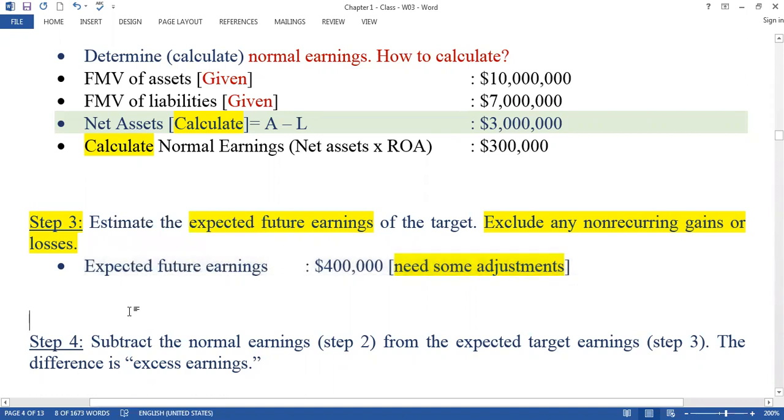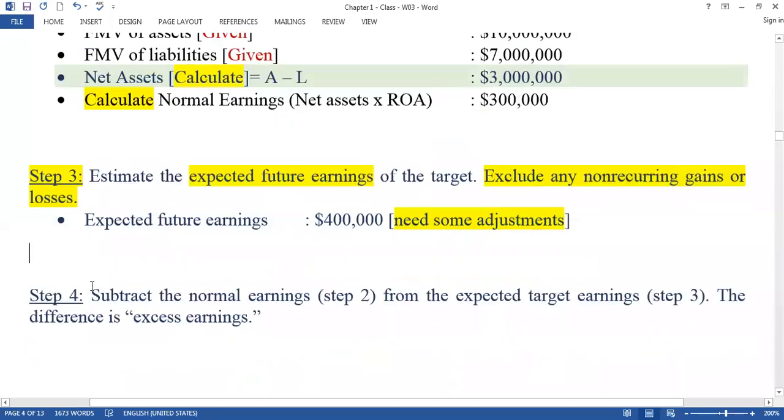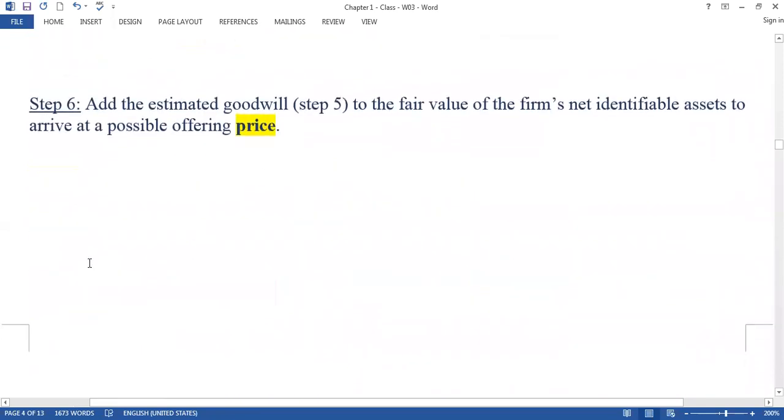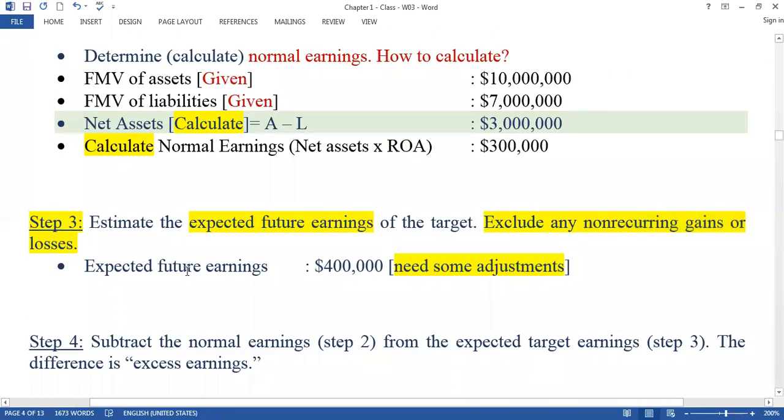And if you fail to calculate future expected earnings, then step 4, step 5, and step 6 are going to be mistakes. Do you understand? So be careful and pay more attention when you calculate expected future earnings in the exam question.